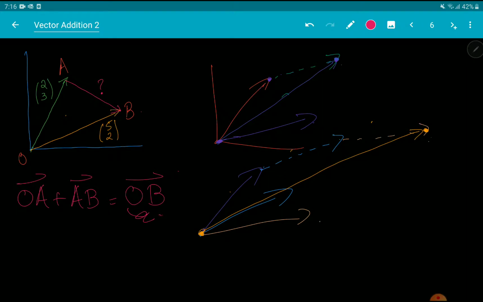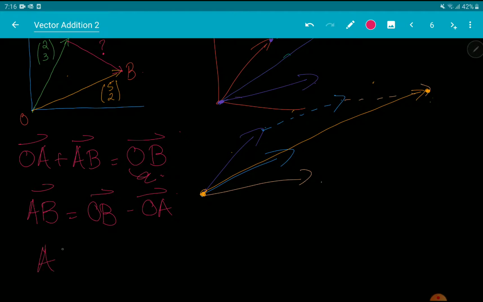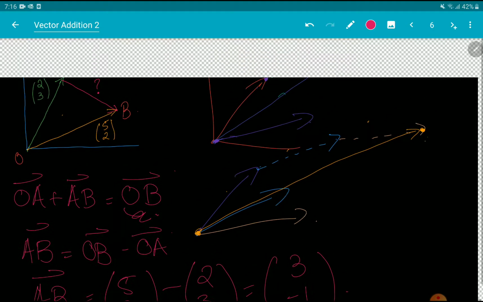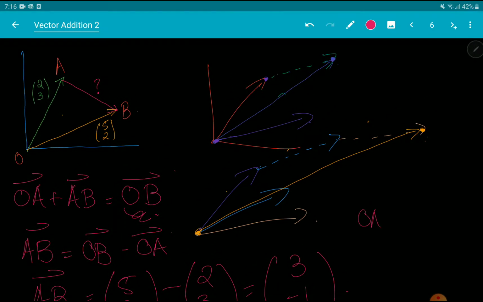So if you manipulate the algebra, AB equals OB minus OA. And AB can be given by (5, 2) minus (2, 3), which is just (3, -1). This is much more comprehensible than OA plus OB, which would have been (7, 5).